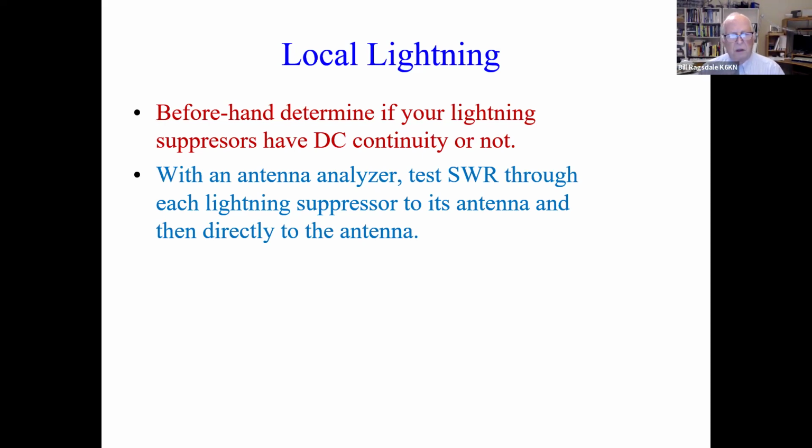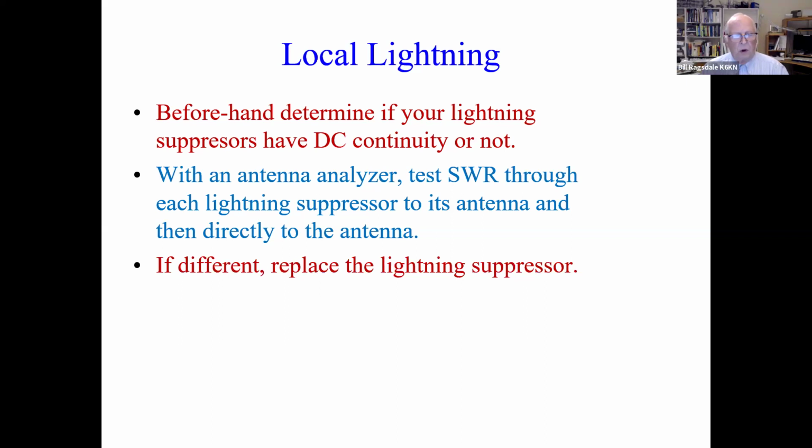It should be lossless to the limit of your antenna analyzer. Something like less than a dB, and generally that is below what the antenna analyzer will reveal. So if you get anything other than a 0 SWR, replace the lightning suppressor.